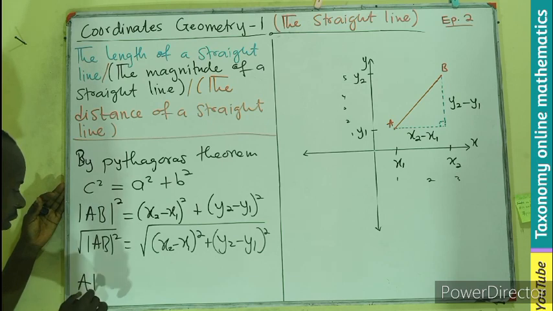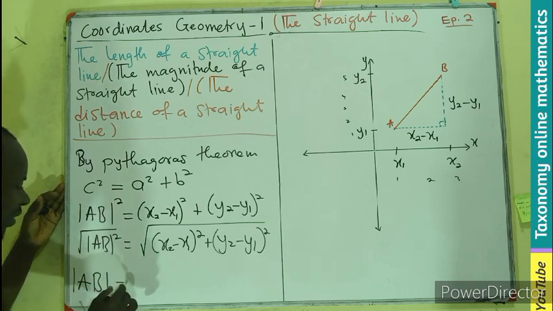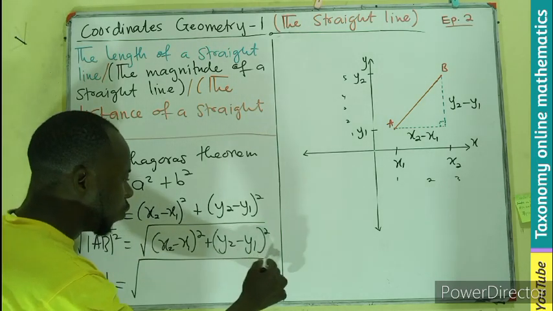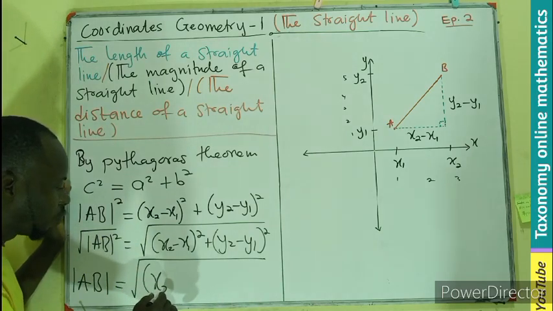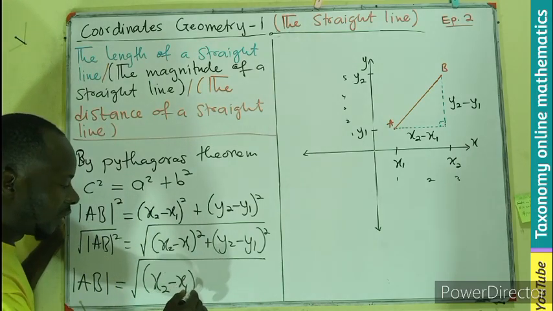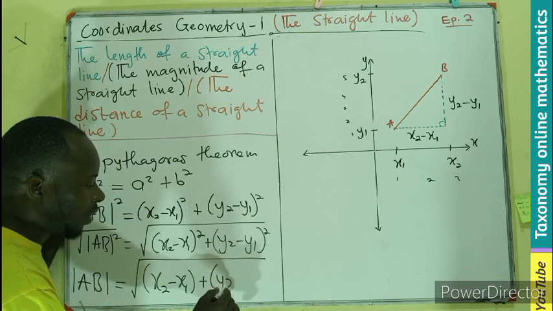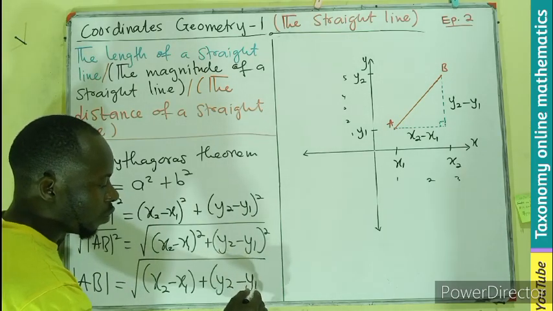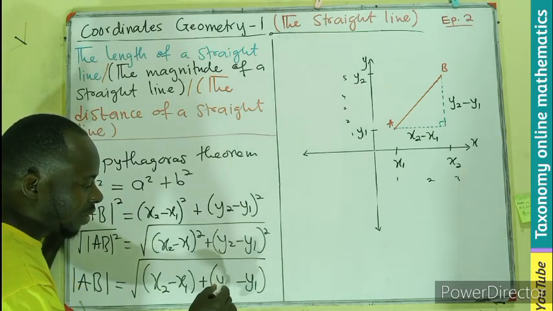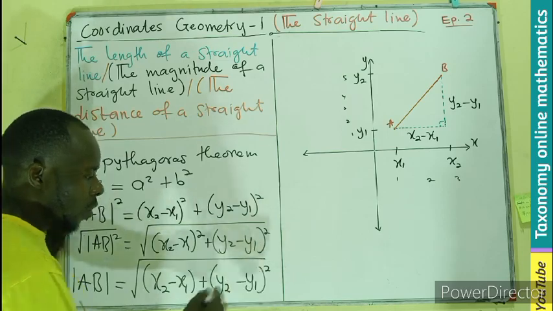So therefore, the magnitude is just going to be the square root of (x2 minus x1) all squared plus (y2 minus y1) all squared. These are subscripts, okay.